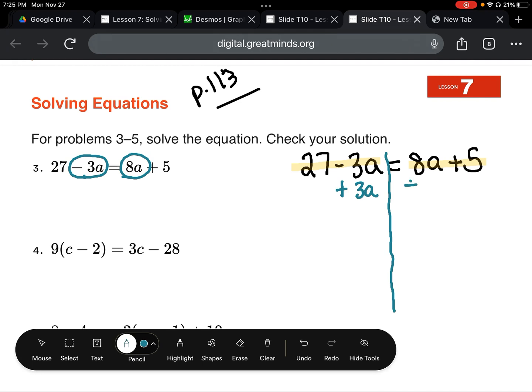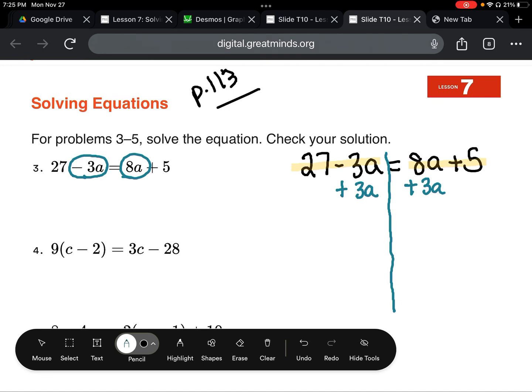Whatever we do to one side of the equal sign, we also have to do to the other side of the equal sign. Now, we are practicing also making sure that you rewrite the equation every single time. Many students are skipping this step, but it is very important. It's easier to see errors and it makes everything neat, lined up, easy for you to check.